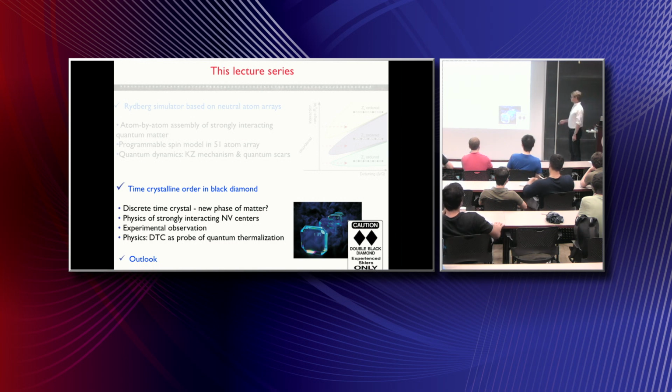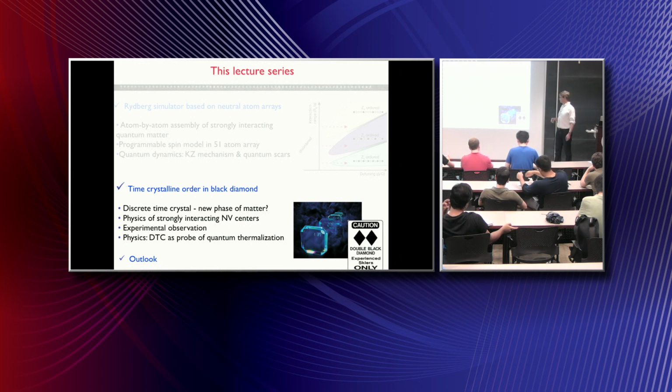Okay, so let me now focus on this time crystal. I talked yesterday about the idea of trying to explore Hilbert space, in particular far away from equilibrium, looking for new stable states. Quantum scars are perhaps an example of such states.